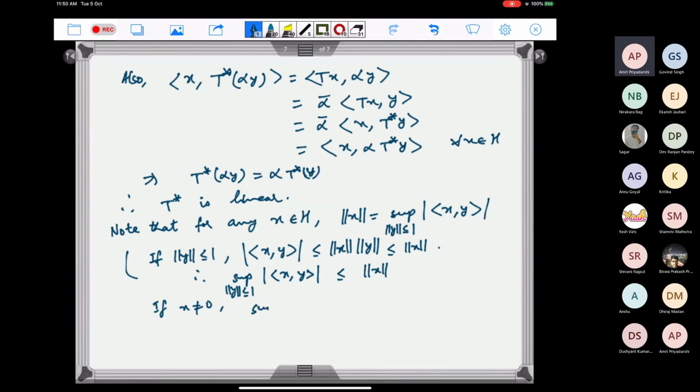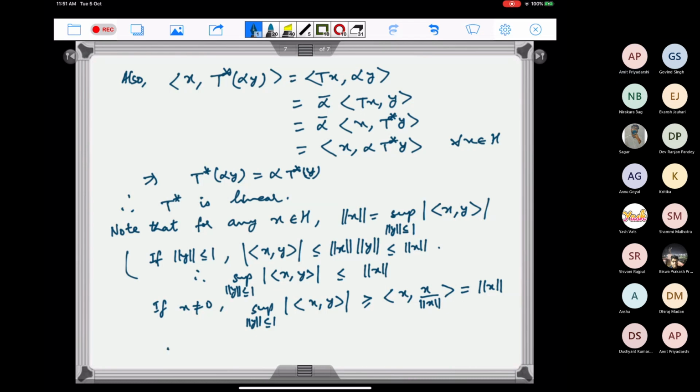So supremum of mod x y, norm y less than equal to 1, is greater than equal to, I can take any vector whose norm is less than equal to 1. So I'll take x with x by norm x. And what is this equal to? This is equal to norm x only, because x inner product with x is norm x square divided by norm x, so that is norm x. So supremum is also bigger than equal to norm x.